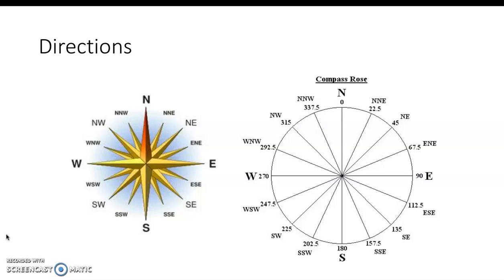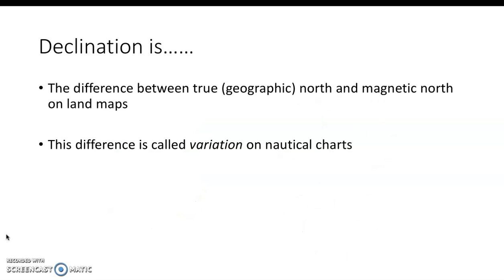And learning how to use a compass appropriately is going to have some really helpful effects when you're trying to determine slope aspect or if you're making observations, because your compass may not be pointing to the exact direction that you think it is, and that's what we're going to unpack in this lesson. And there's this idea called declination. Declination is the difference between true or geographic north and magnetic north on land maps.